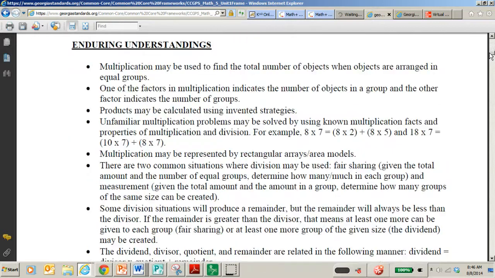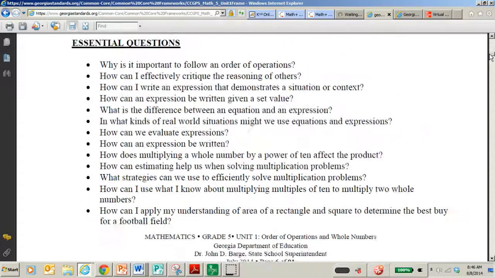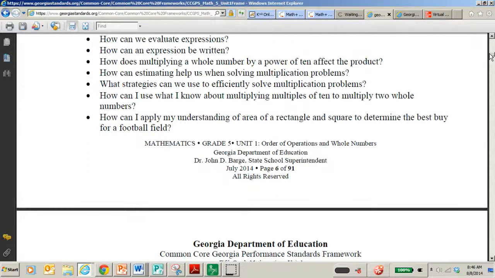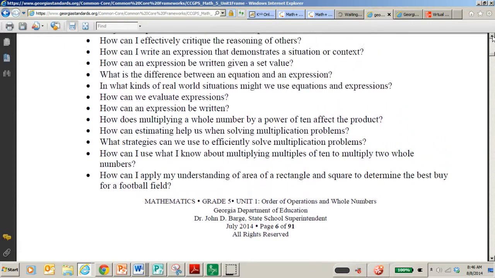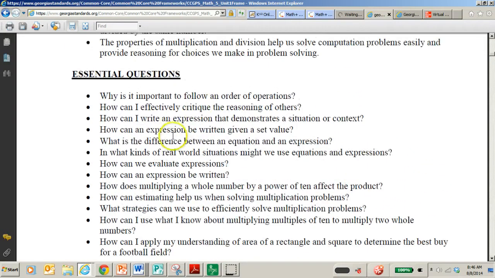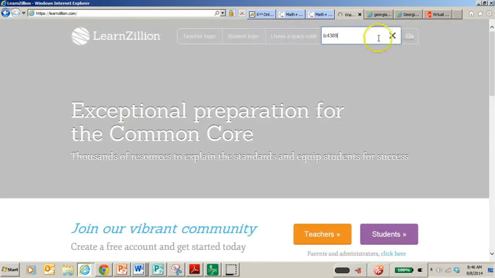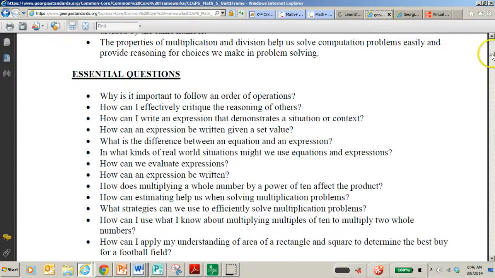It has some things that are really important for students to understand. It has guiding questions that are good additions to your home environment to helping your child understand the math. Asking them questions often is the key to success. I'm going to see if I can get that to open up again. I think it may have frozen on me, so we'll go back to that in a second.